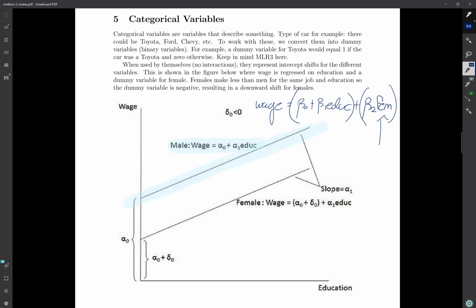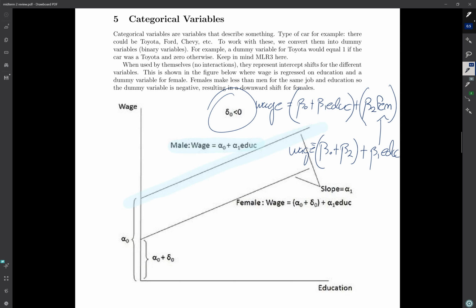So what we've got is beta 0 plus beta 2. I'm just going to collect the like terms here. These are just constants. And we're going to have that plus beta 1 times education, and that's going to equal wage.